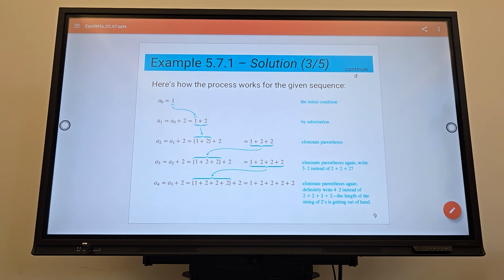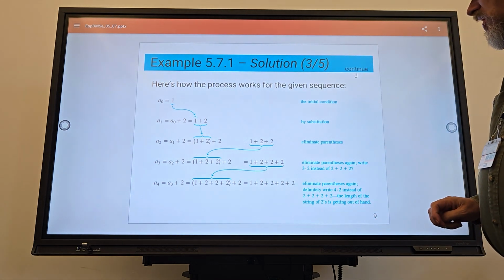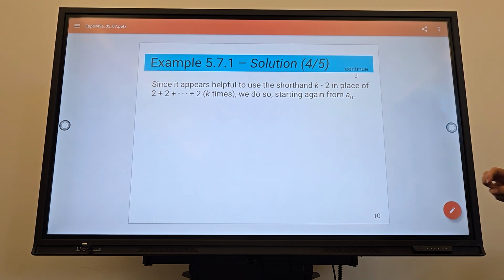Have the initial condition, substitute it into the expression, eliminate the parentheses, keep substituting until you see a pattern emerge. Since it appears helpful to use the shorthand 2k in place of 2 plus 2 plus 2, etc., k times, we do so starting again from a_0.